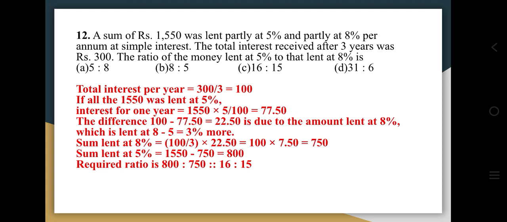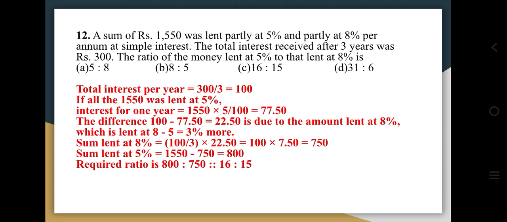So divide 100 by 3, multiply that by 22.5, you will get the amount as 750. That is the sum lent at the higher percentage is 750. So at 8% it is 750.